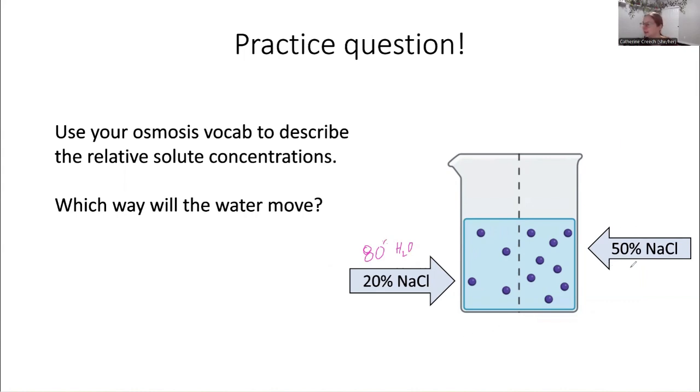Here, if it's 50% sodium chloride, that means that there is 50% water. So where is there more water? Where there's less solute. Water wants to move from high concentration to low concentration. So water will move through the semi-permeable membrane into the side with more solute until the solutes are equally spaced out.